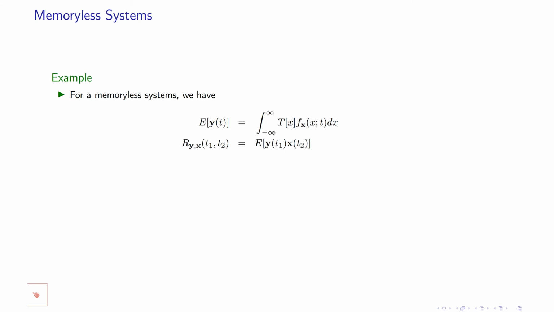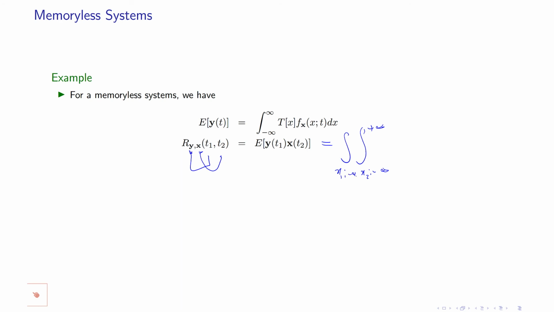Similarly, if you want to calculate the cross correlation between these two, you could write it like that. You calculate the value that y takes at this time and the value that x takes at this time. This is going to be equal to an integral, because you have two random variables, so you integrate over x1 and over x2, each from minus infinity to plus infinity.